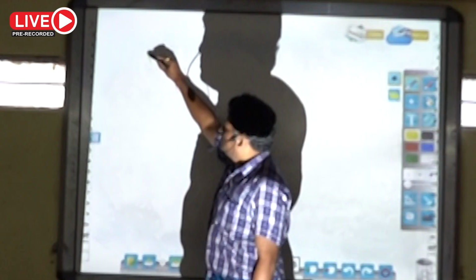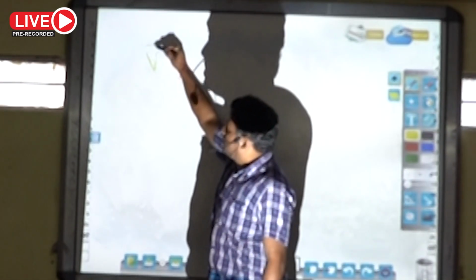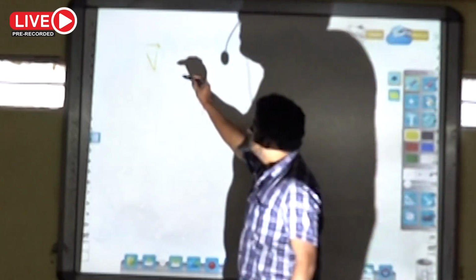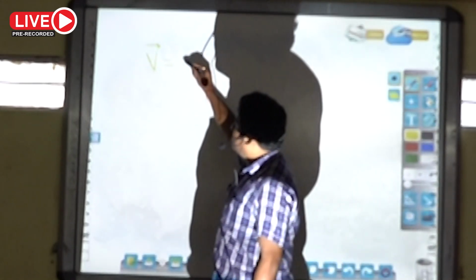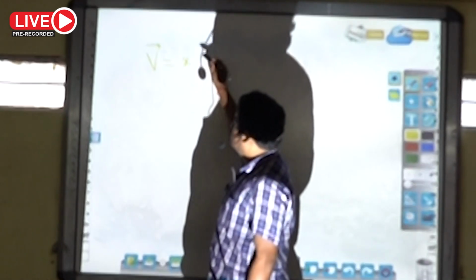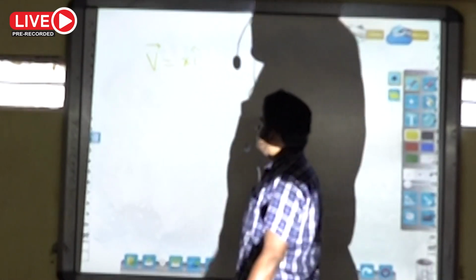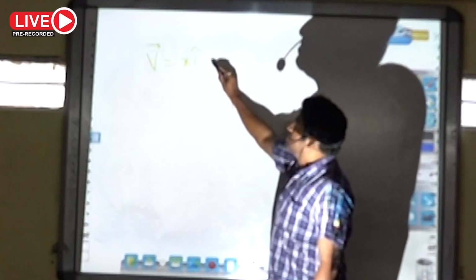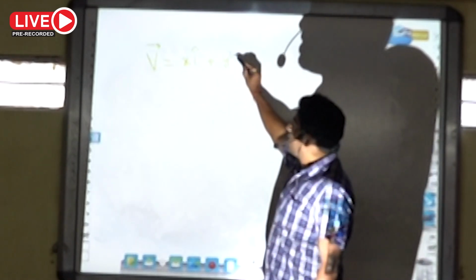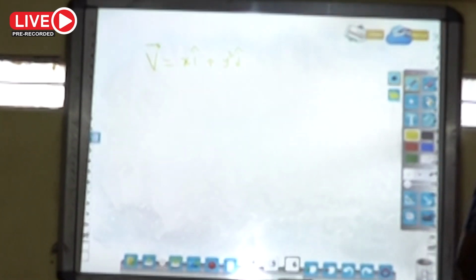So suppose velocity vector of a particle is given by x i cap plus y square j cap.